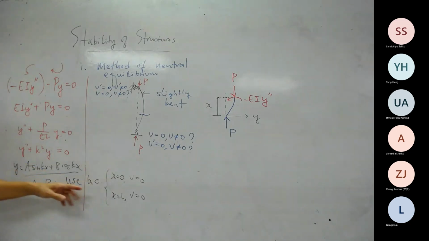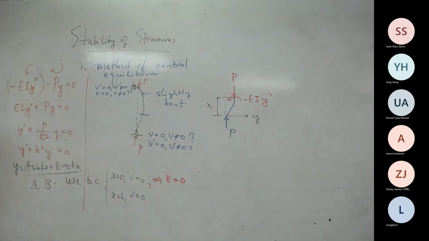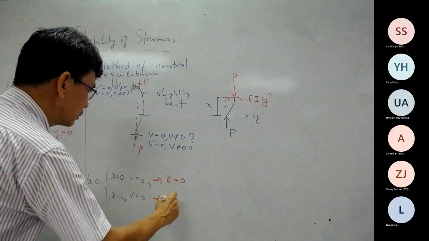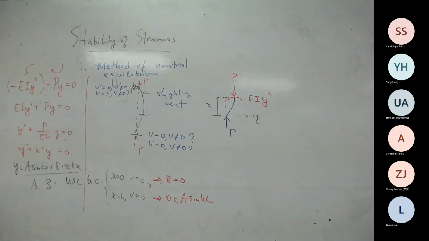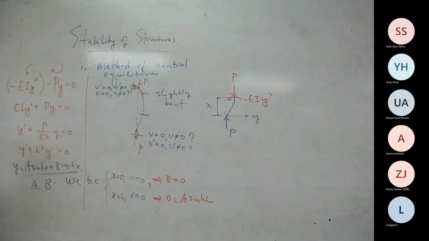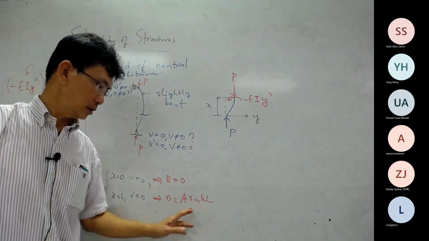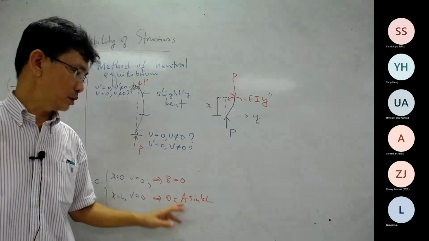For these conditions, when x is equal to 0, y is 0, you get B equal to 0. Then from the second equation, we get A sine KL equal to 0. And finally, from here, you get the condition that will give you the P critical, which is a non-trivial solution. A cannot be 0.